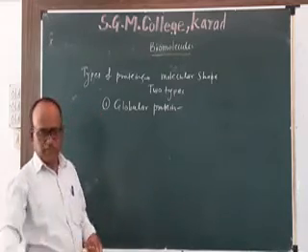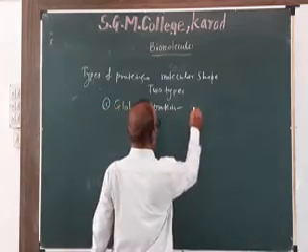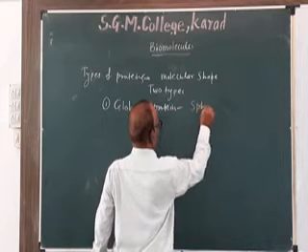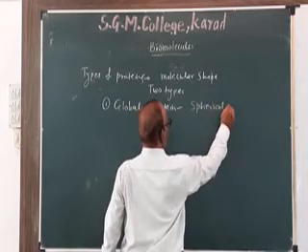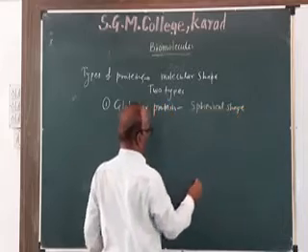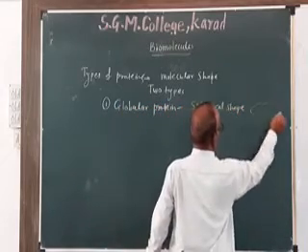Globular proteins have a spherical shape. Spherical means circular shape like this.